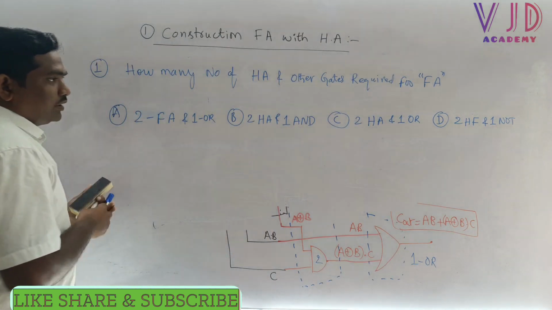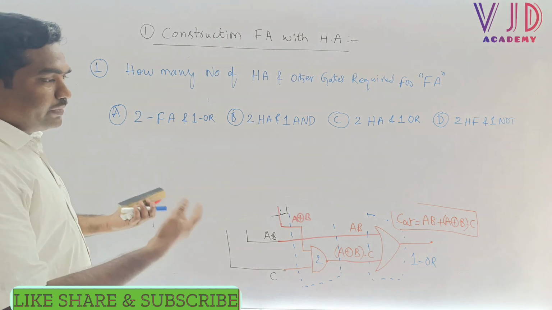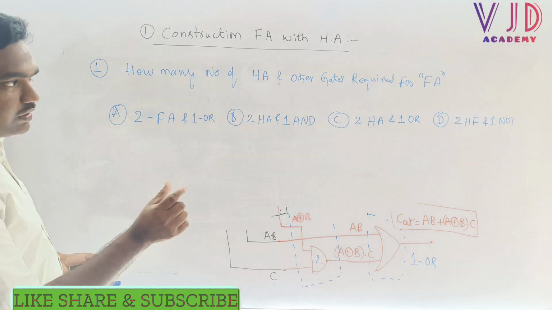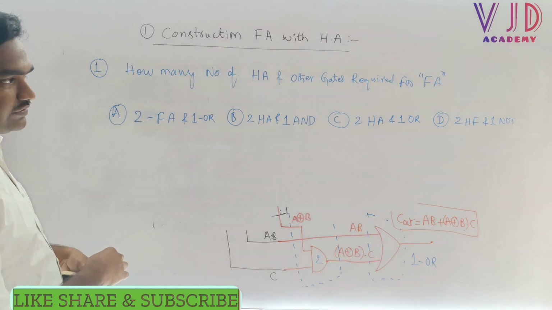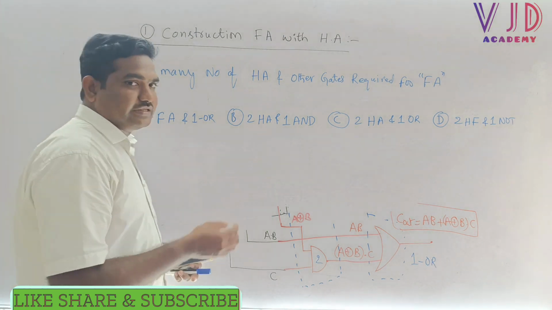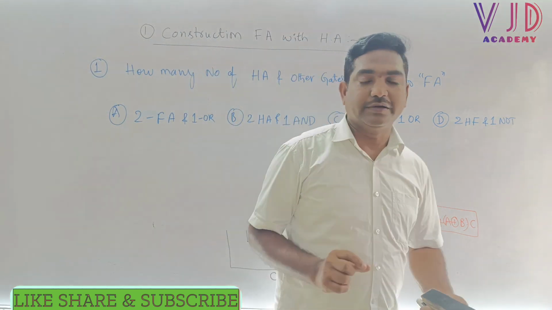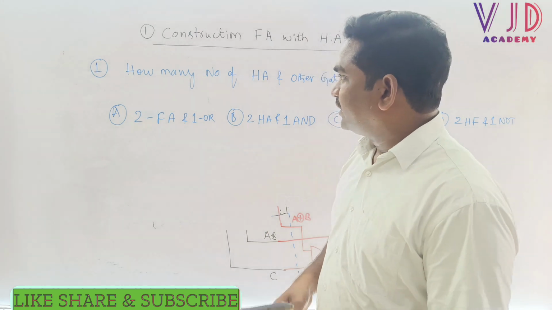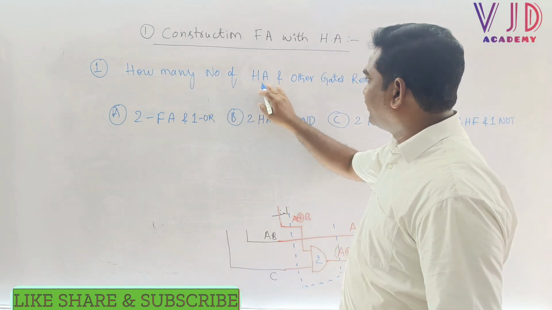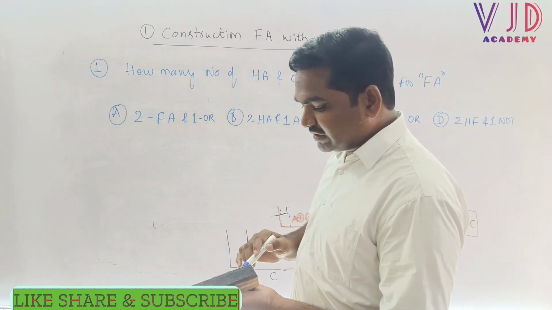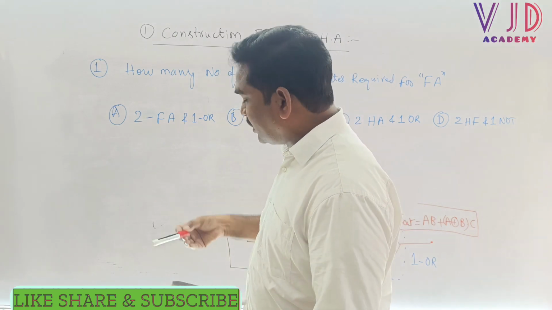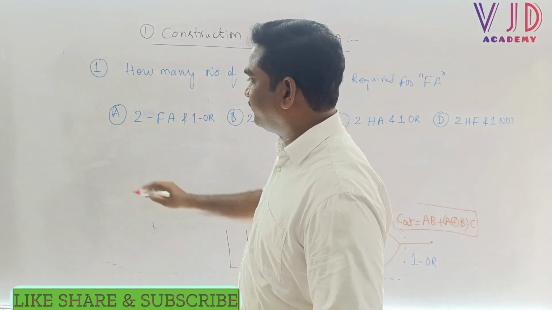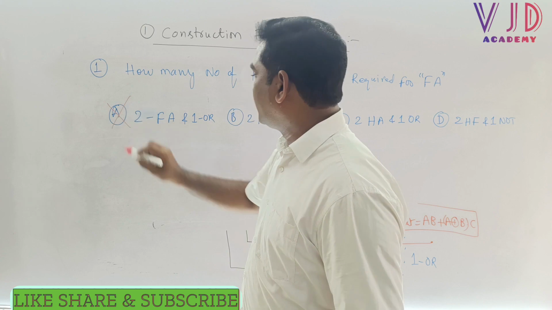Now we need to minimize the possible wrong answers, even when we don't know the answer, by using what we know of the subject. The question is asking how many half adders, but the first option gives 2 full adders, so the first option is completely wrong.